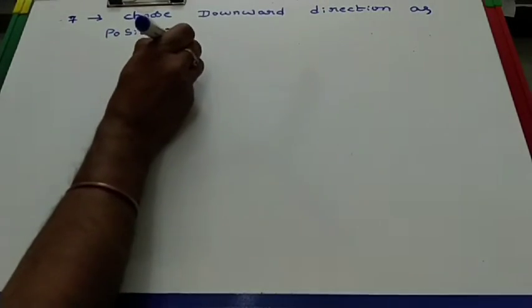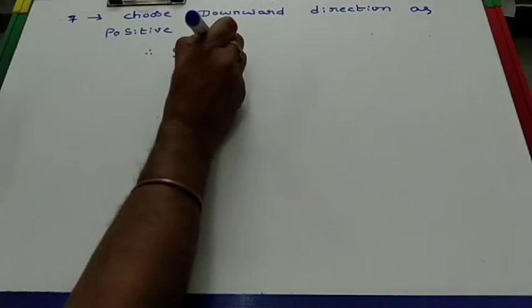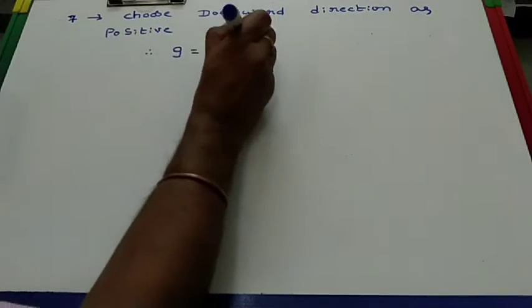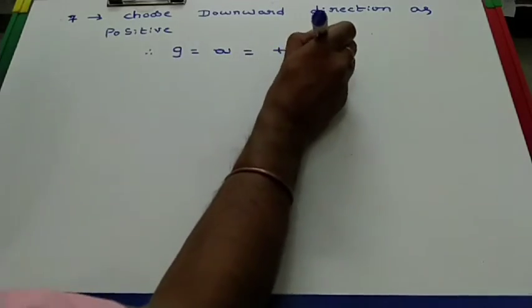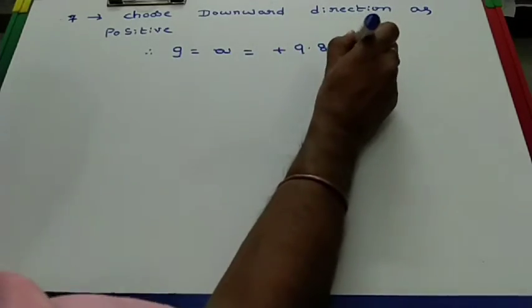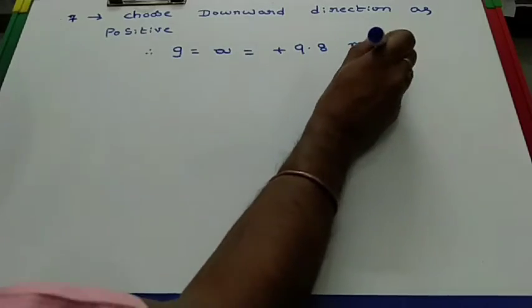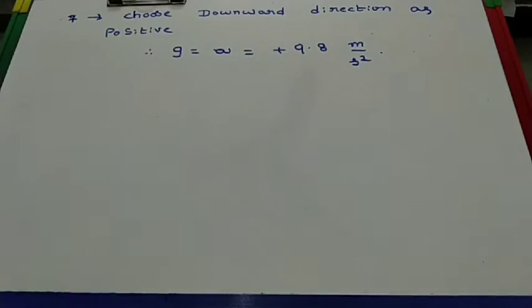Therefore, g is equal to a is equal to plus 9.8 meter per second square. This is about free fall.